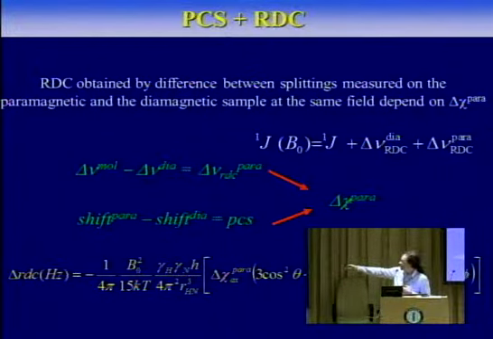You measure the couplings for the paramagnetic proton and the normal diamagnetic proton. You get the splittings, and they relate to the same parameters, that is the electron magnetic susceptibility and anisotropy.